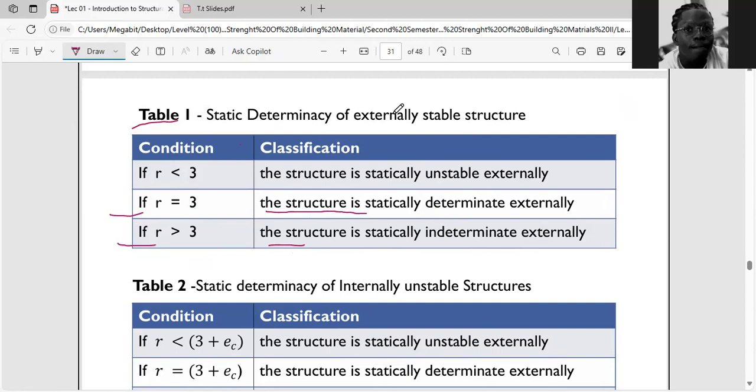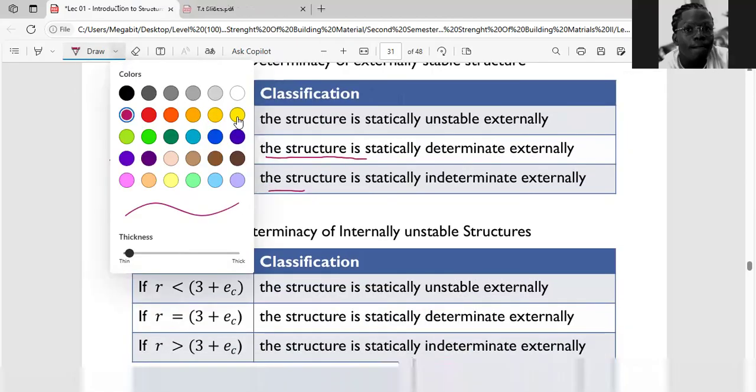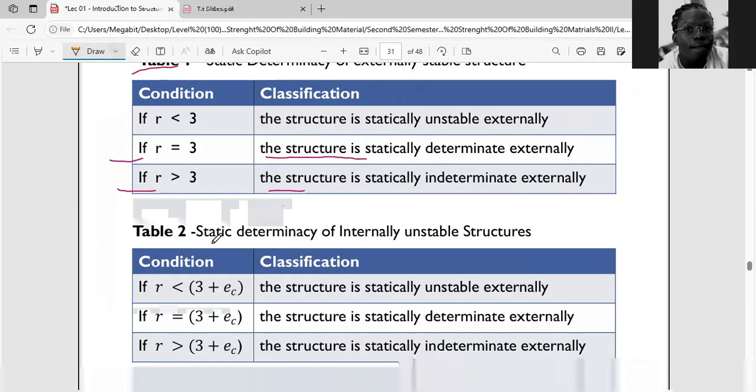That is all about table one. Table one is just a very nice experience. You could also relate it to hinges, or let me say the fixed support, but we'll come back to that later. Let's go deeper. In our table 2, we are going to be talking about static determinacy of internally unstable structures.